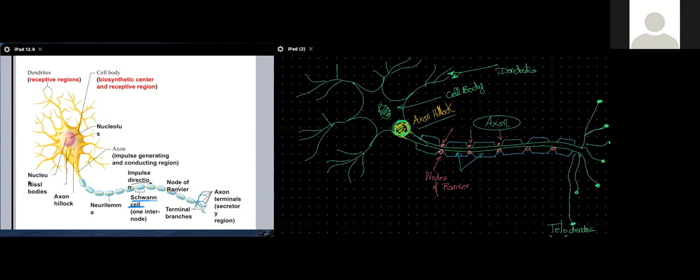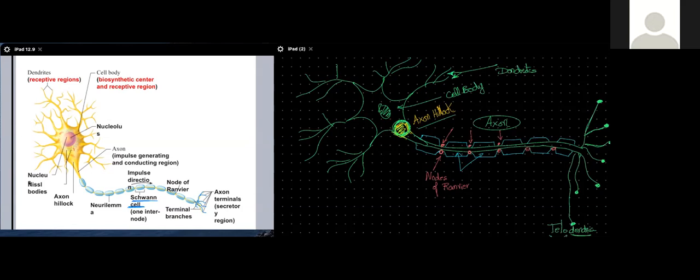The terminal processes of the axon in here, those are my telodendria. And if you notice, there will be those bulging parts in each of those telodendria. We call those my terminal or synaptic knobs or boutons.